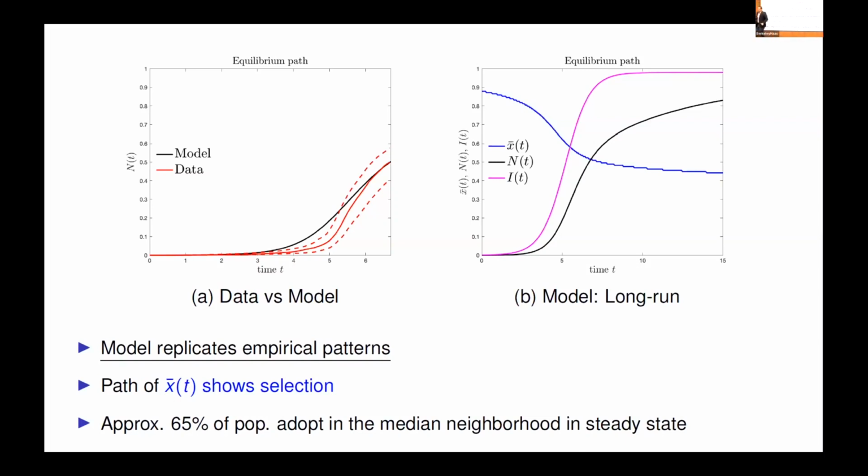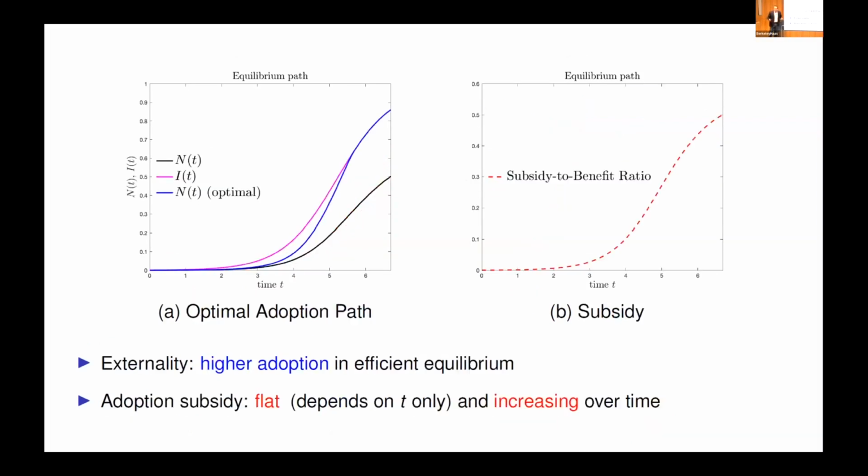I have one more slide, which is what is the optimal level of adoption. I told you before, the black is a model close to the data, but what is the optimal level of adoption? The planner internalizes that there are externalities, there are some extra benefits left on the table, and subsidizes adoption. The blue line will be the planner. And the planner wants a lot more people to be adopting.